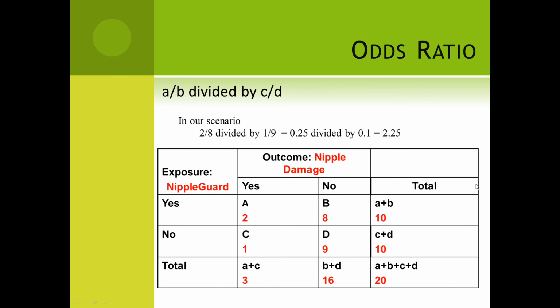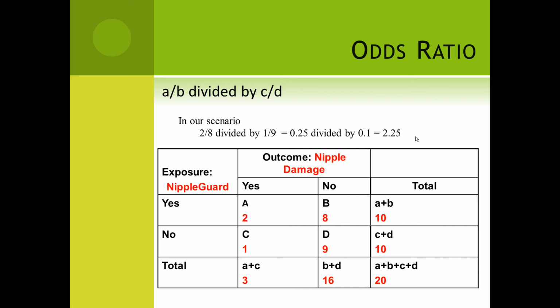So we'll look at that with our table. These are the cells A, B, C and D. So our formula is A divided by B, which is 2 divided by 8. That's here. And that number is divided by C divided by D, which is 1 divided by 9. If you do that calculation, you come out with a number of 2.25.